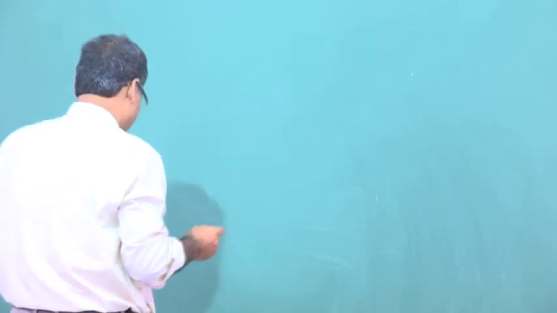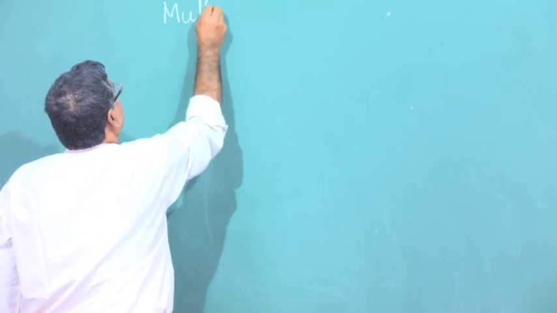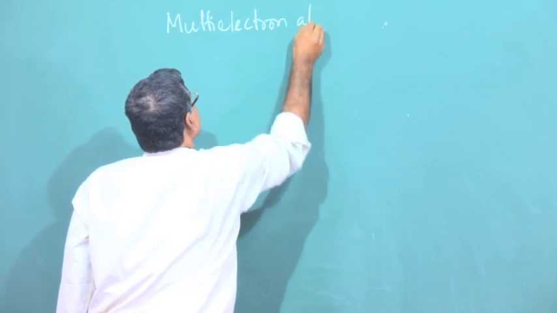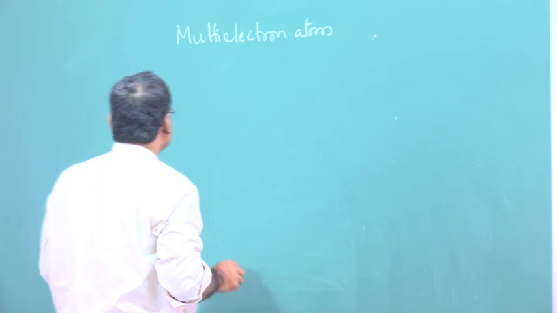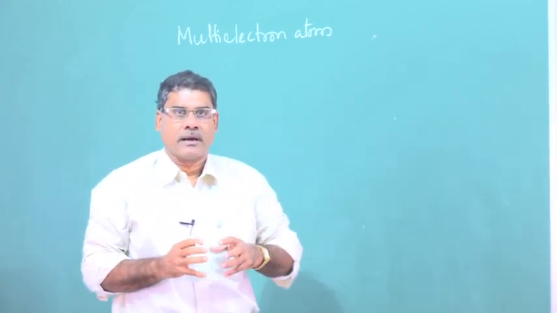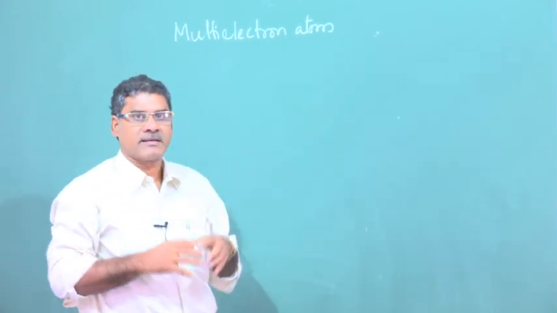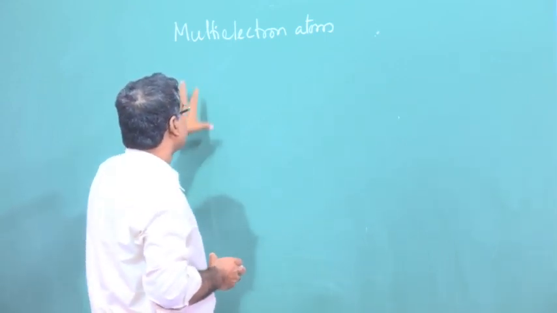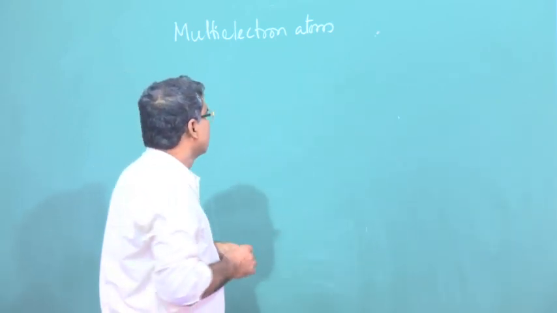So, we will continue with the multi-electron atom. Okay. So, we have seen the structure of the atom, basically how these energy levels for electrons are available in an atom.